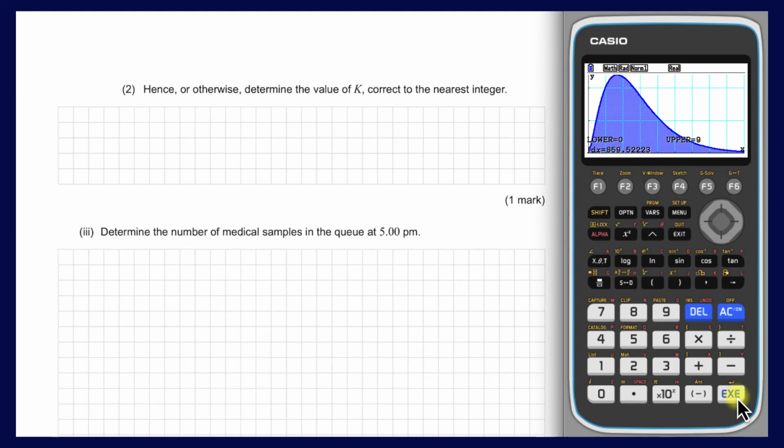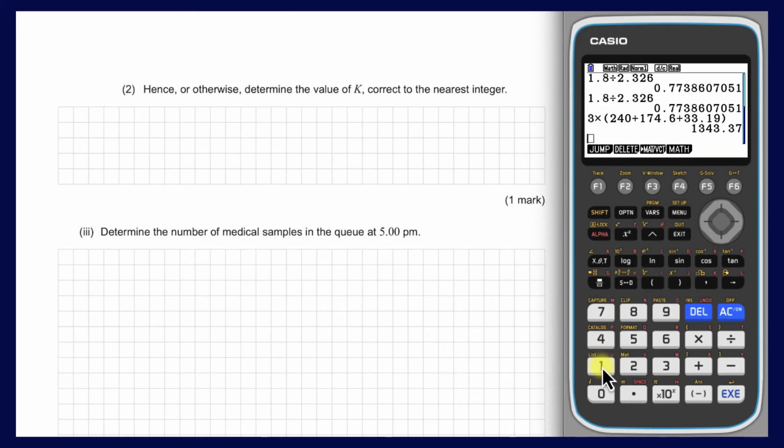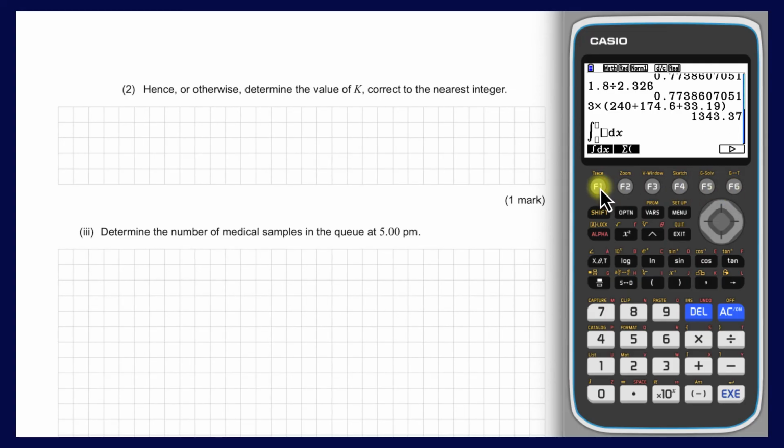And in fact, I'm going to use the run mode of my calculator now to do the remainder of this question. So in run mode, I'm going to go to Math and round the corner to find that definite integral symbol. And I'm going to do the definite integral between the function and the line 150. So the function is actually stored in my calculator. Rather than re-entering it, I'm going to call it up using its name.